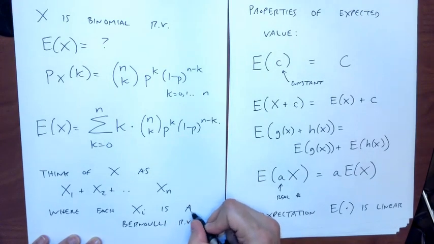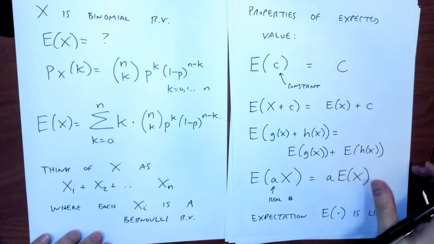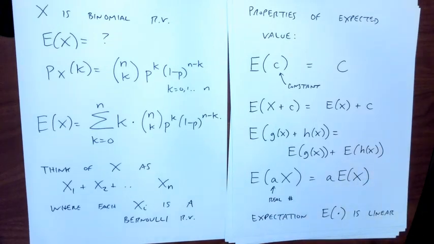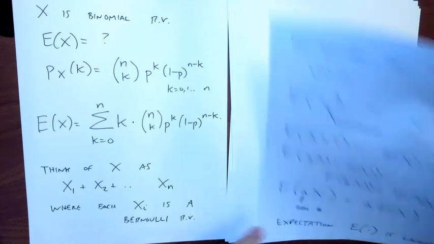So instead of talking about the sum of the flips as an aggregate, I'm going to say I have n separate random variables, each one of which is a coin flip. And I record success or failure on each of those binary random variables. I add them up. That's the same as the binomial random variable, right? And so that makes life much easier.